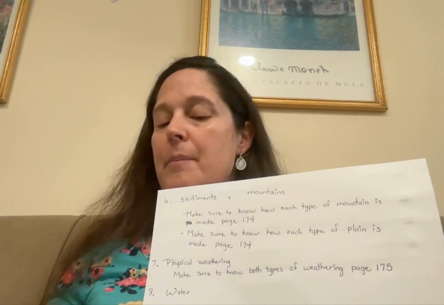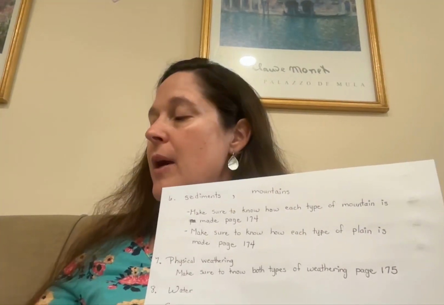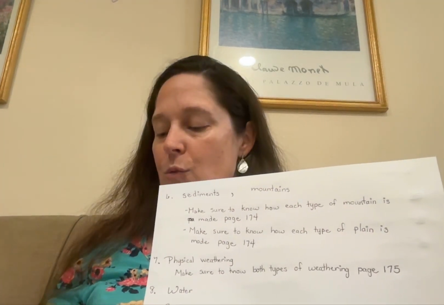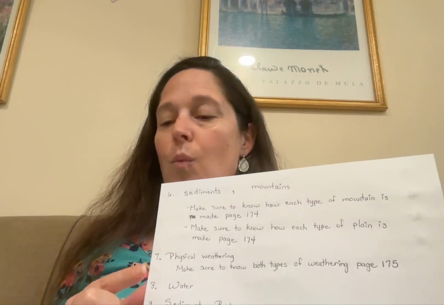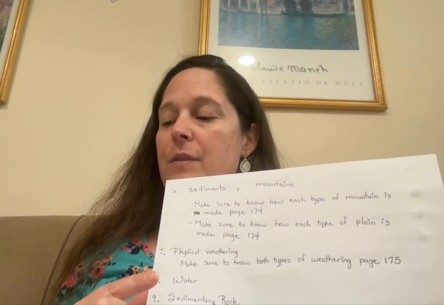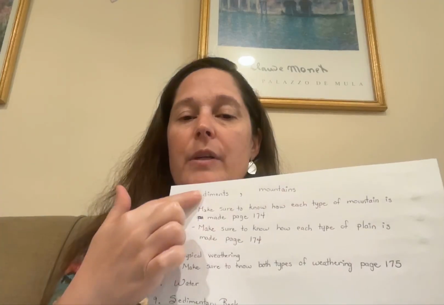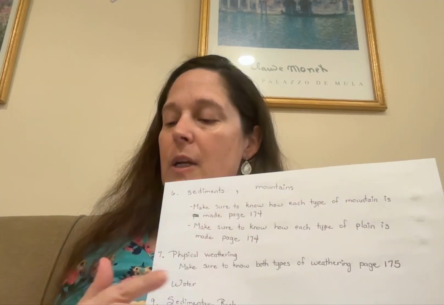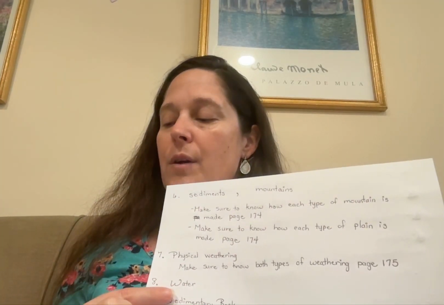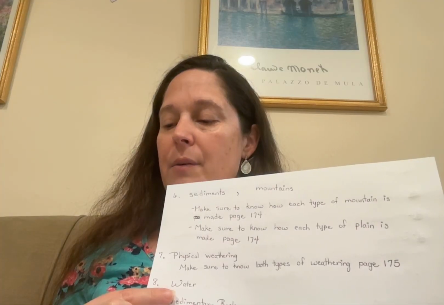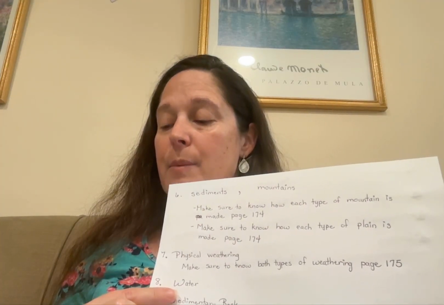All right, let's get back to question number 8 on page 196. What is the major carrier of sediments that makes them settle out in layers? We already discussed a little bit on question 6. The answer is water. Water is what makes them settle out in layers and carries them along.